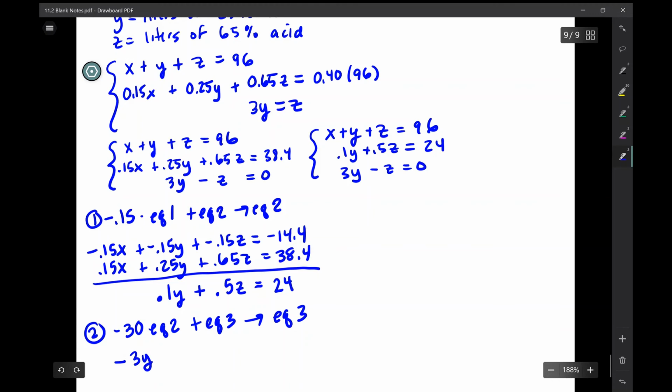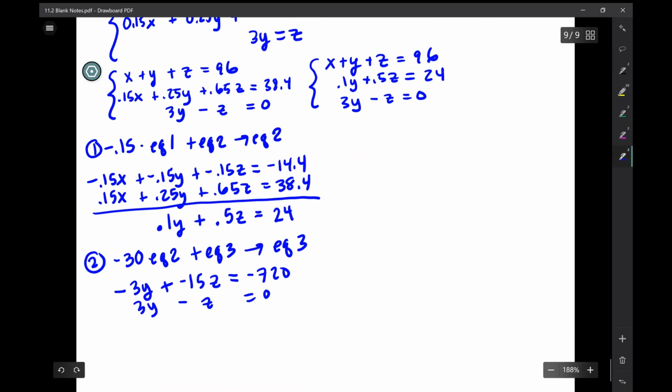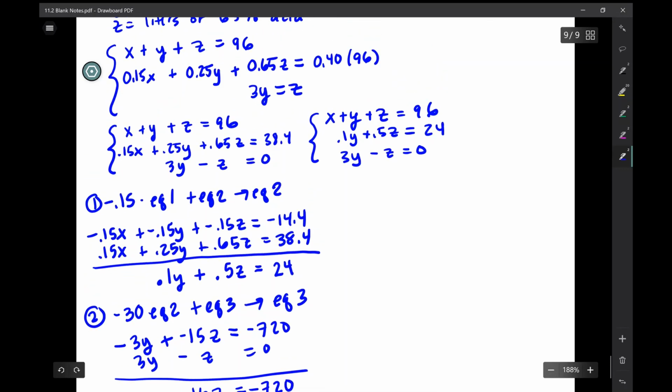Negative 3y plus, negative 30 times 0.5 is negative 15z equals negative 30 times 24, which is negative 720. We add that to 3y minus z equals 0. I get minus 16z equals negative 720 as my last equation.